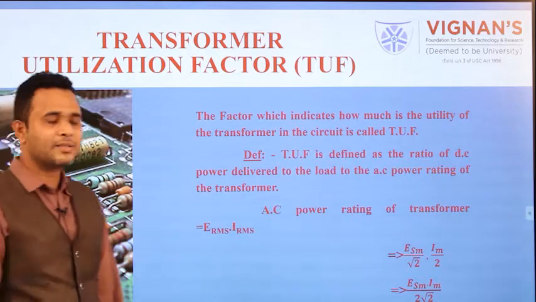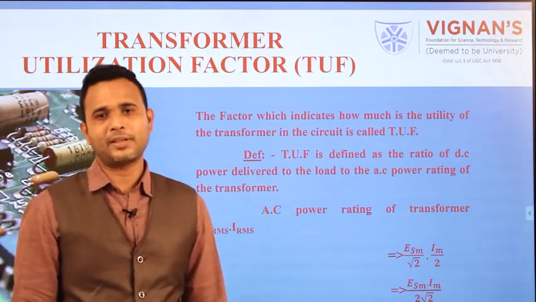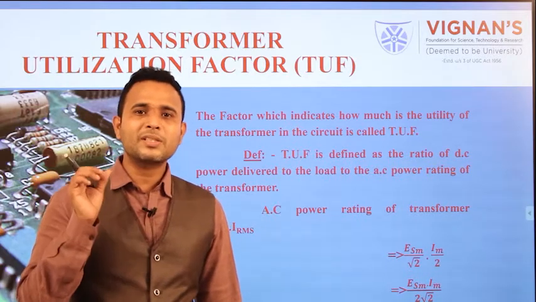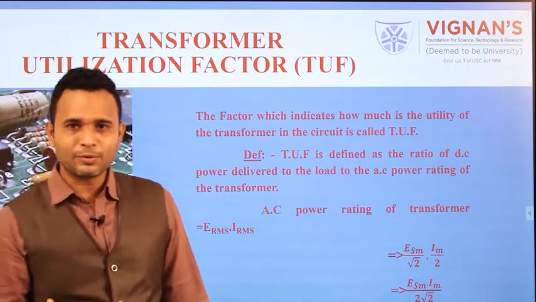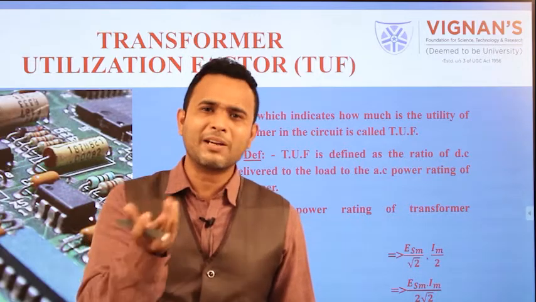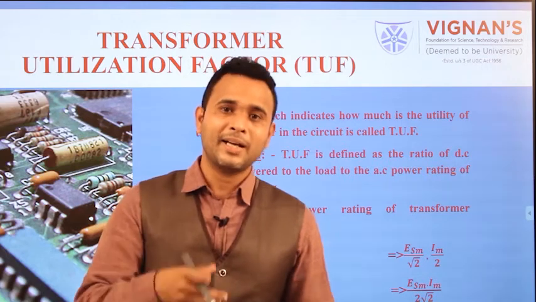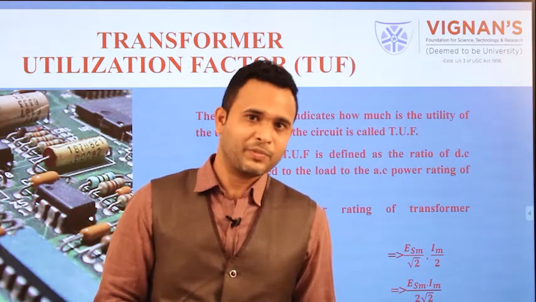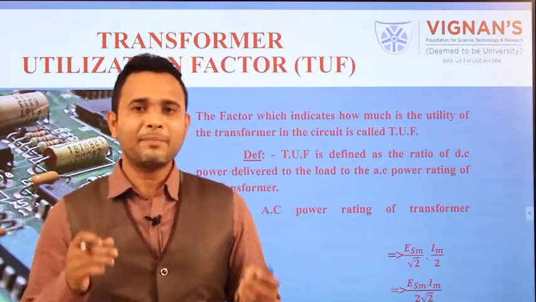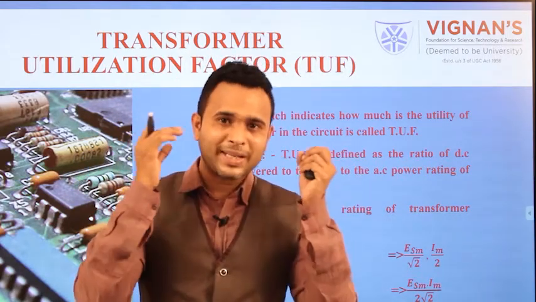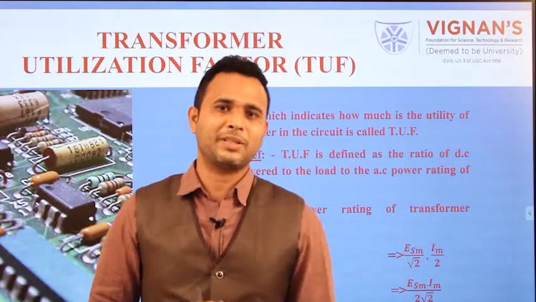Coming to the transformer utilization factor. This is also one of the important parameters. How much of the transformer are we utilizing? For example, I have a 1 hour class and I am teaching for the full hour, but your brain is engaged for only 20 minutes.